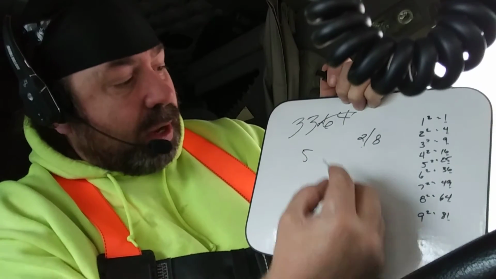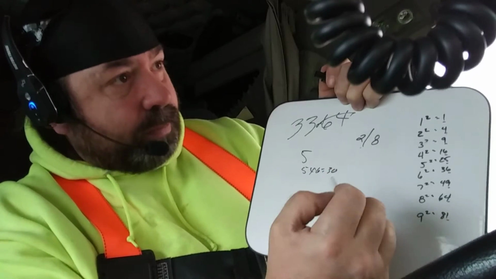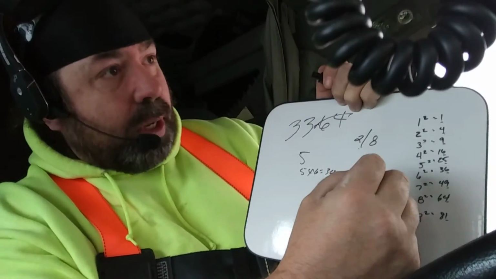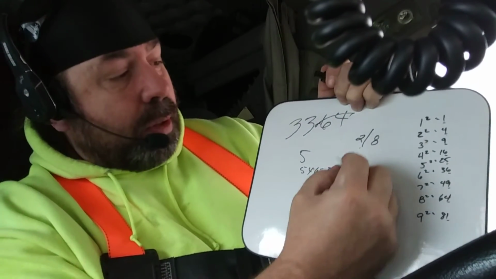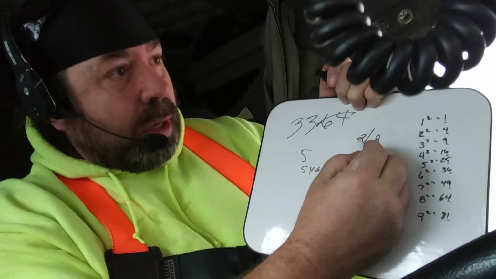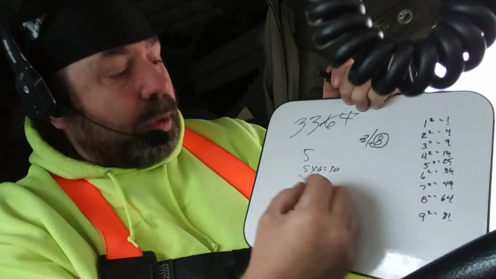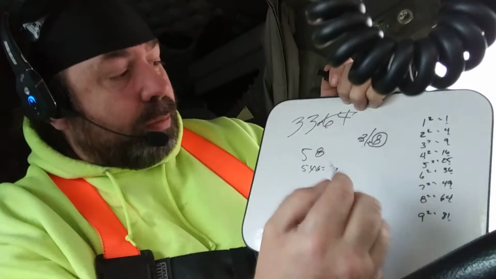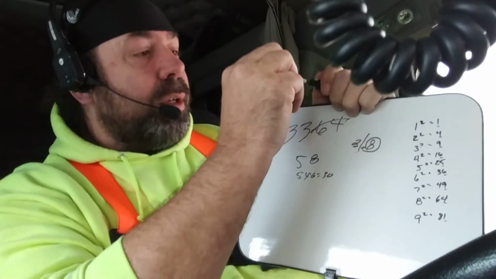First number is a 5. Do 5 times 6 is 30. So now it's going to be smaller, so we're going to use the larger number. So the square root of 3,364 is going to be 58.